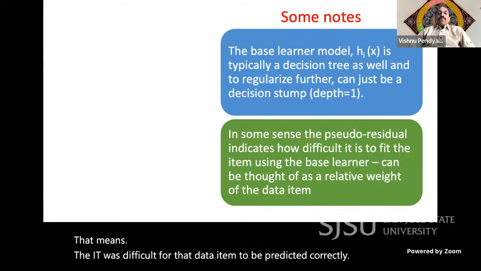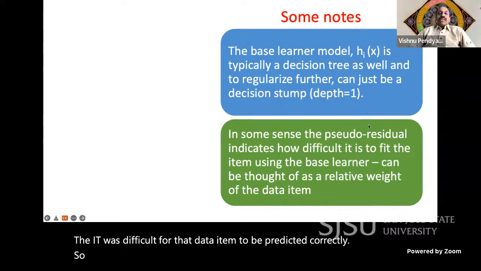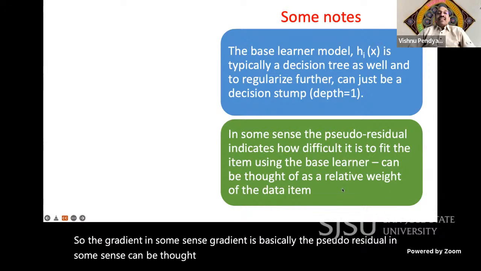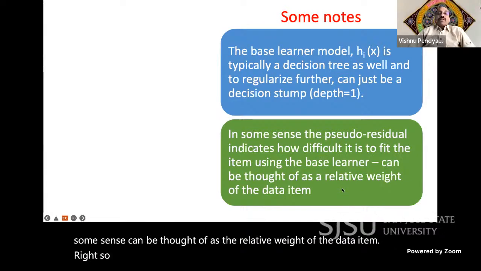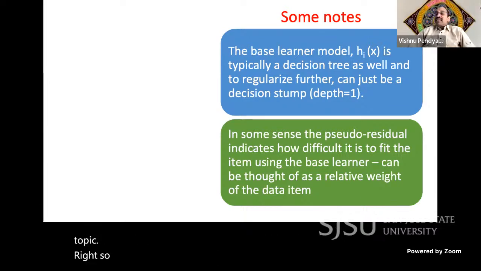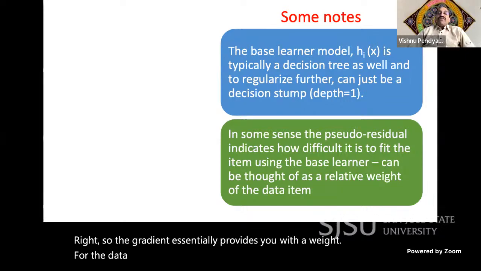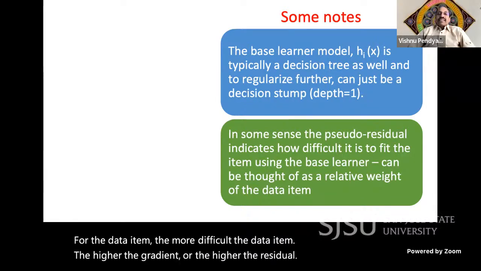So the gradient, which is basically the pseudo residual, can be thought of as the relative weight of the data item. This is a very important concept which we will use in the next topic. The gradient essentially provides you with a weight for the data item. The more difficult the data item, the higher the gradient or the higher the residual, right?